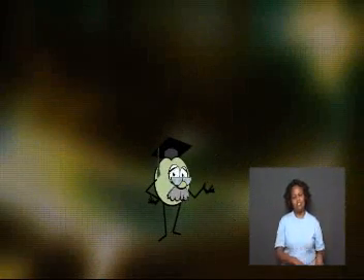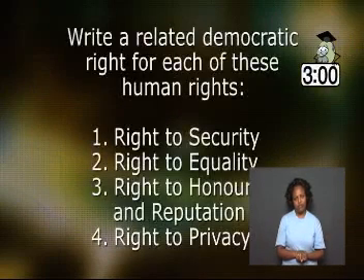Students, earlier I told you that human rights and democratic rights are related to each other. In a moment, a list of human rights will appear on the screen. For each one, write down a related democratic right. Do your best, students. Students, let's get ready. Begin.